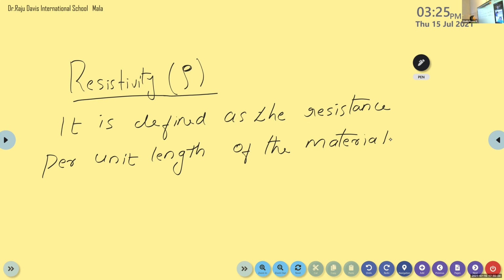Resistance per unit length of the material is known as resistivity, or in mathematical expression we can write the resistivity rho is equal to resistance, represented by the letter R, by length. Rho is equal to R by L.